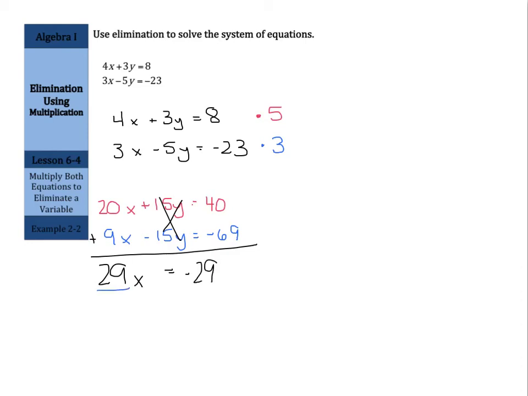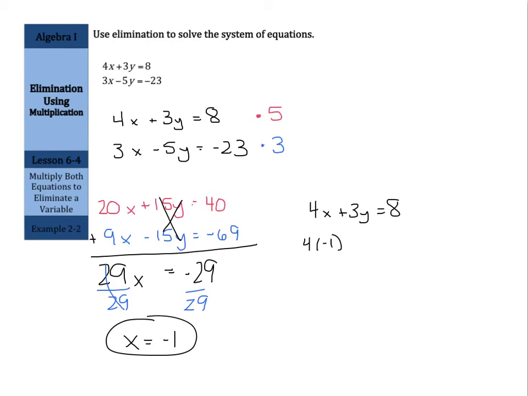And if I simply divide now by 29 on both sides to isolate my x, x equals -1. Pick an equation to solve. I'll pick the first one since they're all positives, and again, positives could be easier to work with than some of the negatives. Put in the -1 for x. 4 times -1 is -4.